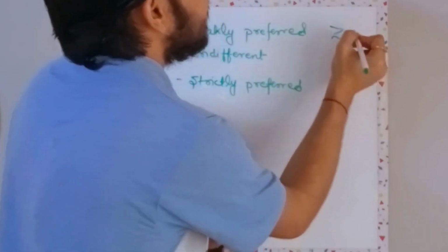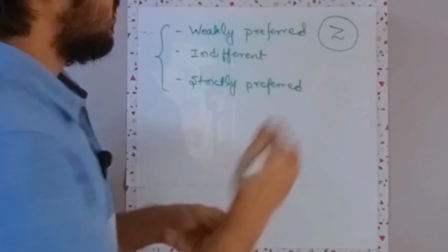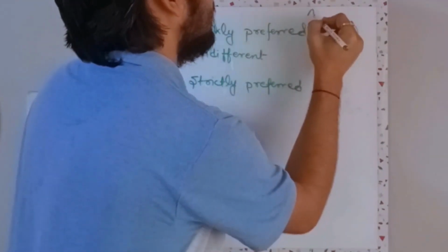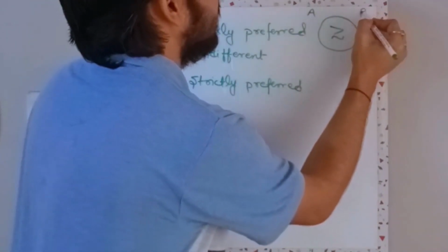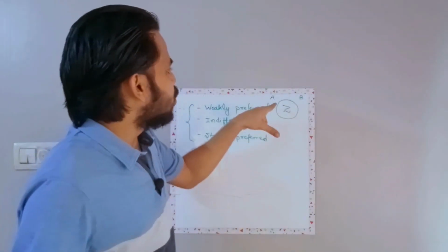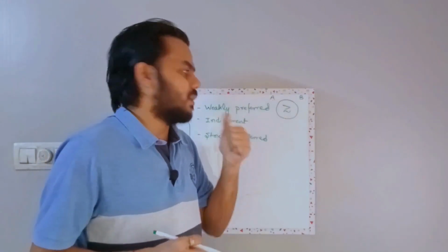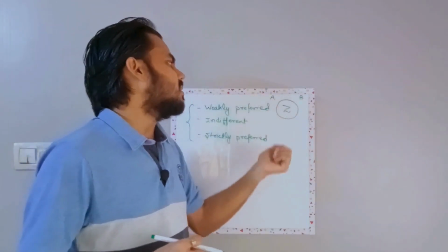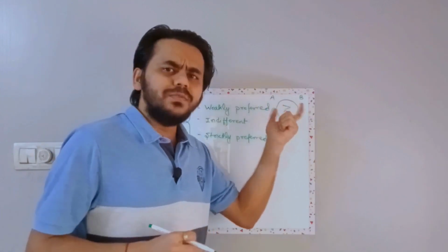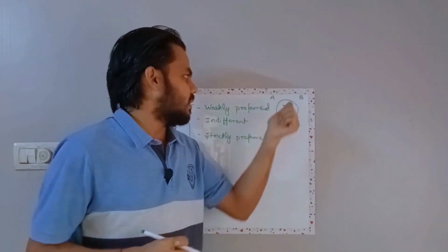Now, the meaning of this is essentially, if you talk about consumption bundle A and consumption bundle B, and remember, a consumption bundle is a collection of goods, you weakly prefer A to B. Weakly prefer means that either you prefer them in the same way or you prefer A slightly better than B.